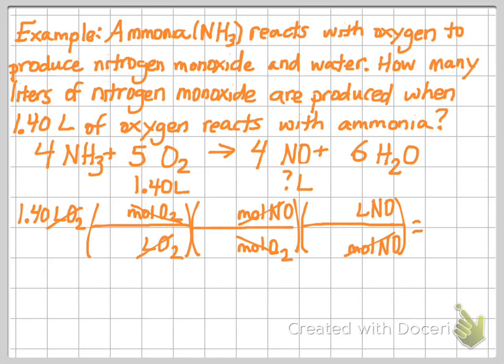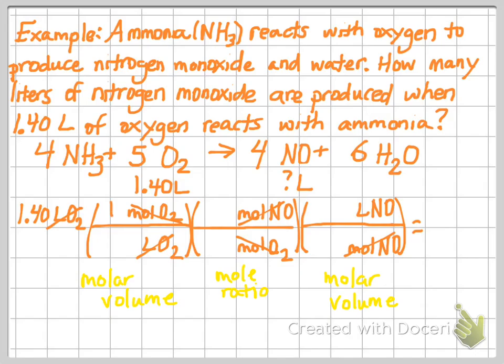Now I want to come back and fill in my units. Remember, this is my molar volume. And although this one didn't stipulate STP, we can just assume it is. This is also a molar volume conversion factor, and this is my mole ratio. Okay, so molar volume, if you're not sure, look at your chemistry toolkit.